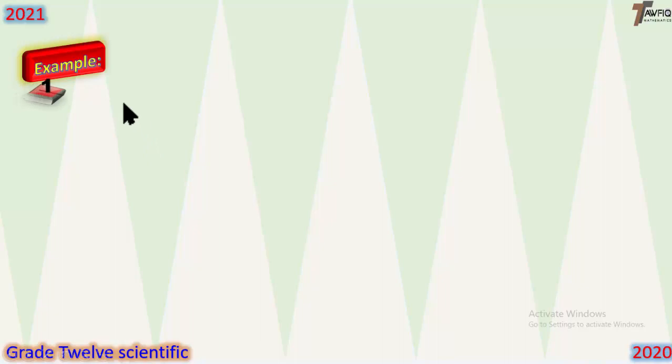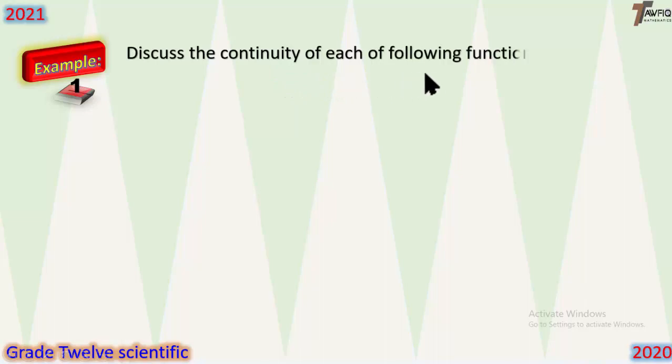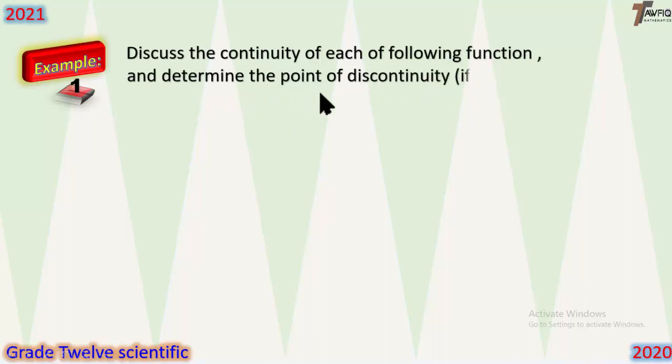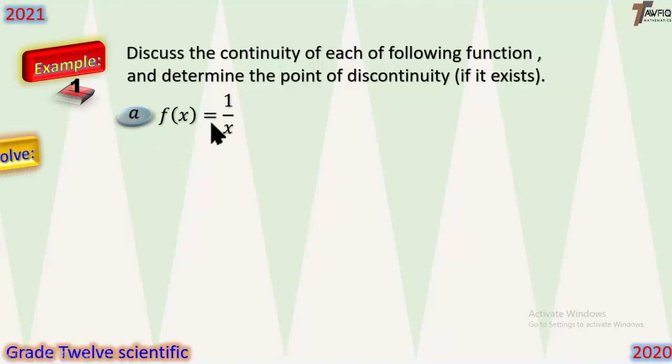Let us take a first example. Discuss the continuity of each of the following functions and determine the points of discontinuity if they exist. A, f(x) equals 1 over x. As we know, the domain of this function is all real numbers except 0.